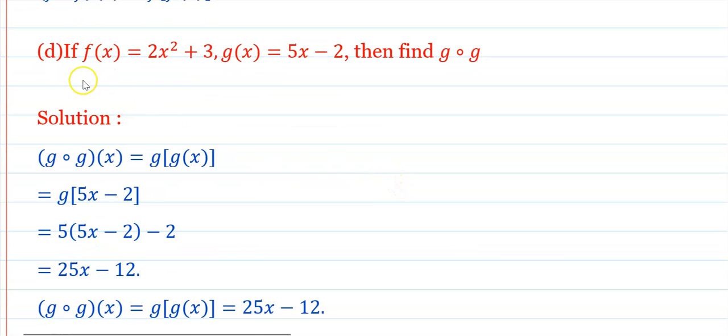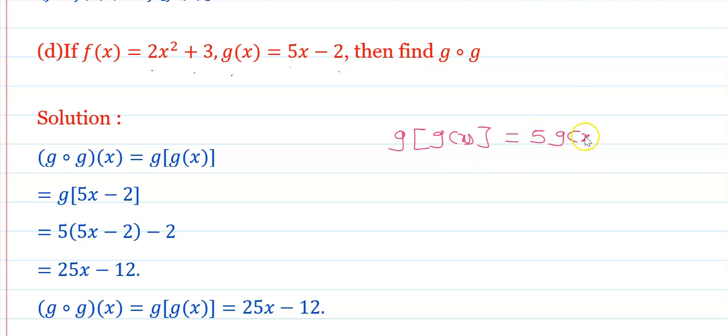Next, if f of x is equals to 2x square plus 3, g of x is equals to 5x minus 2, then find GOG. Okay, GOG means what? G of g of x. But what is the g of x? G of x means what? 5 times x minus 2. Similarly here, 5 times g of x minus 2. Okay, 5 into g of x.